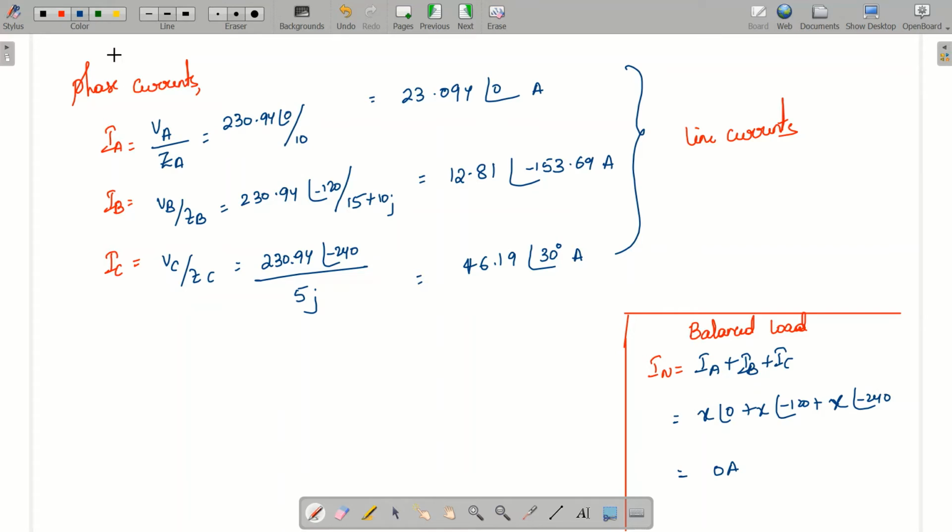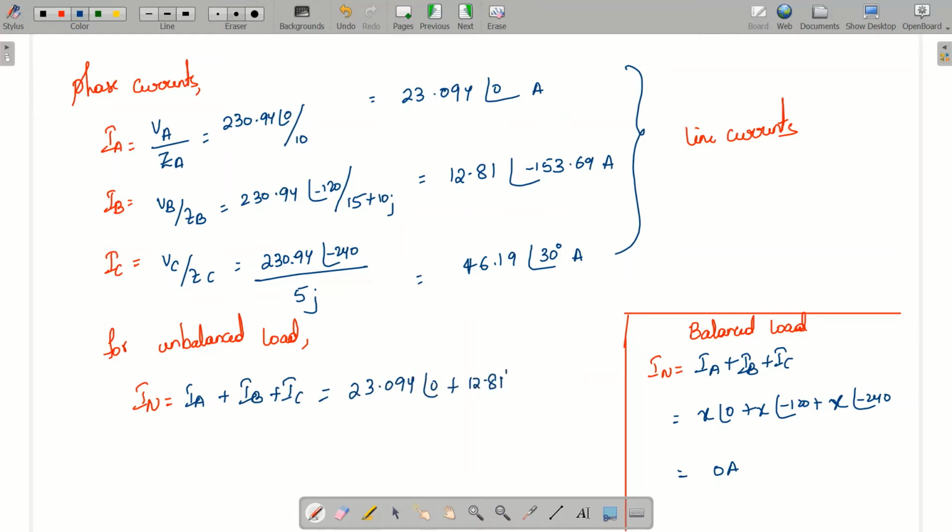But for an unbalanced load, what will happen? Your neutral current In will be equal to Ia plus Ib plus Ic, which is equal to 23.094 at an angle of 0 plus 12.81 at an angle of minus 153.69 plus 46.19 at an angle of 30.